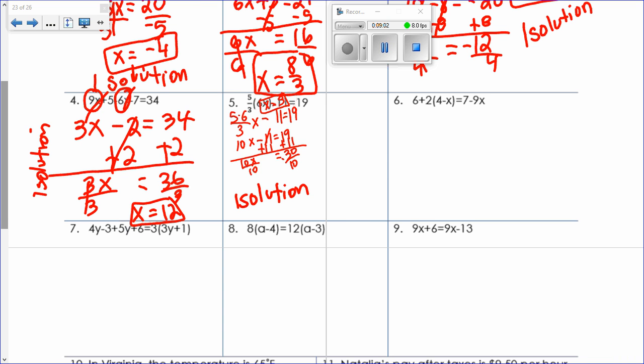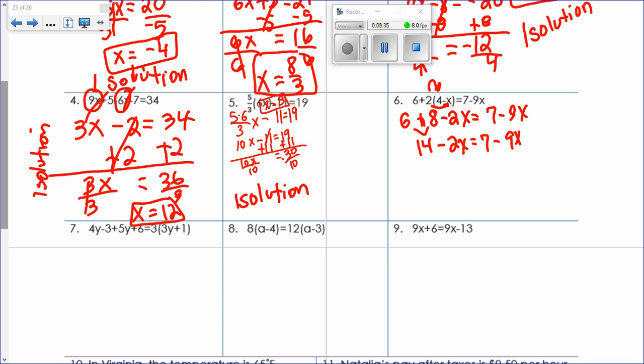Okay. Number 6. We're going to distribute first, so we don't touch the 6, it just comes down. When I distribute, though, I have plus 2 times 4, which is plus 8, and then positive 2 times negative x is negative 2x, equals 7 minus 9x. Combine my like terms, 6 and 8, and I get 14 minus 2x equals 7 minus 9x.